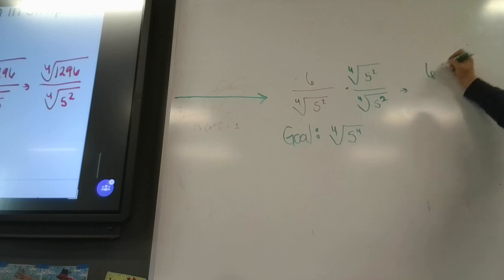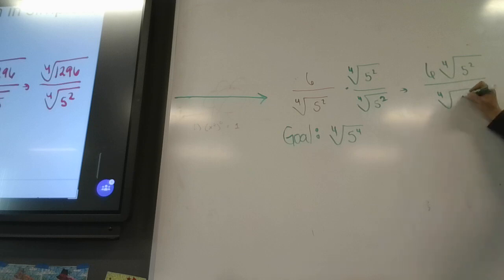So now we have 6 times the 4th root of 5 squared all over the 4th root of 5 to the 4th. 6 times the 4th root of 25 all over 5. And that is more simple.